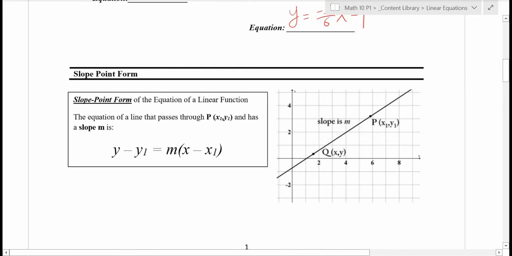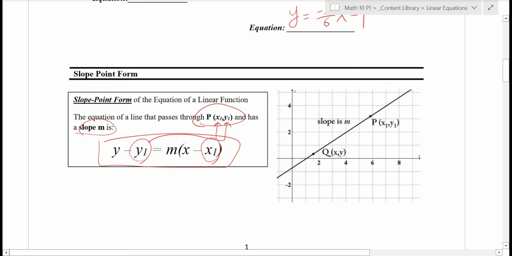Okay, so the slope-point form of the equation of a linear function. The equation of a line that passes through the point P and has a slope m is this equation: y minus y1 equals m times x minus x1. So the x1 and y1 are simply the x and y coordinates of a point.